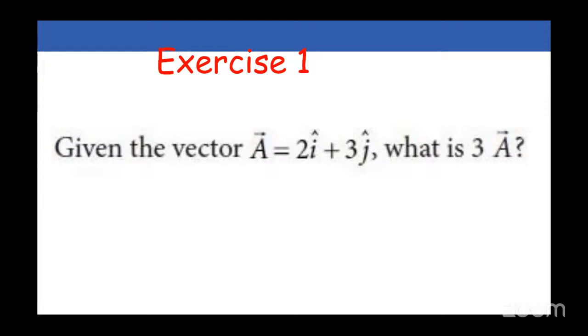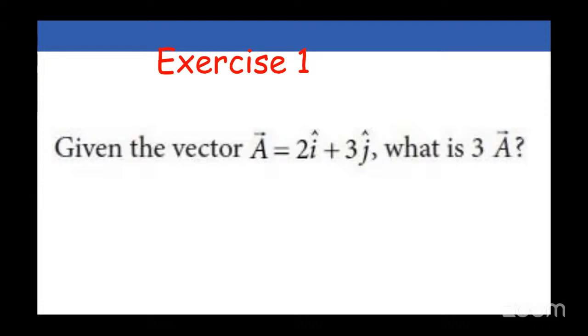So we went ahead to discuss addition of vectors, subtraction of vectors, multiplication of vectors. Two or more vectors are added if they are moving in the same direction. And if they are moving in opposite direction, you subtract the vectors. For multiplication of vectors, there are two ways vectors can be multiplied.